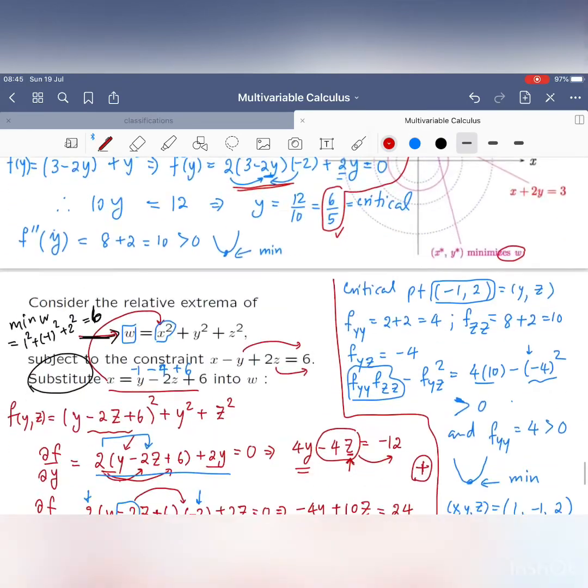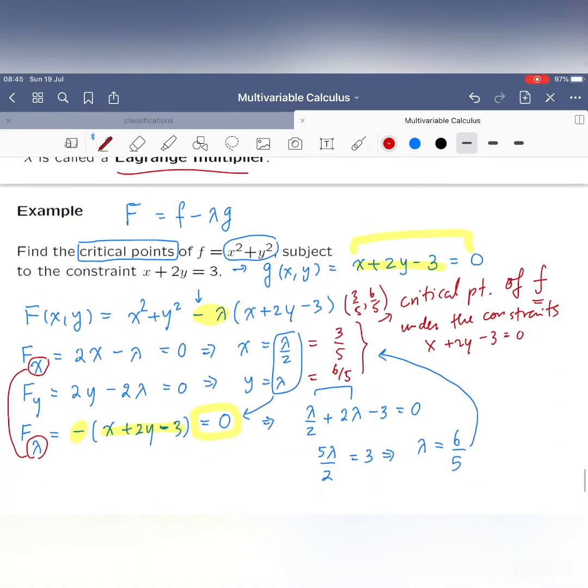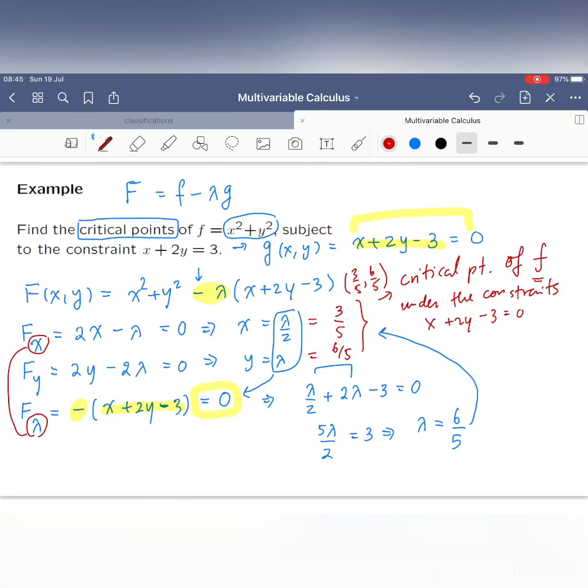However, the way we calculate is simpler, because you don't need to solve in terms of one of the variables. Sometimes the constraint is not that easy to solve in terms of one variable or the other. And for some of you, you may say, hey, it is a square again.